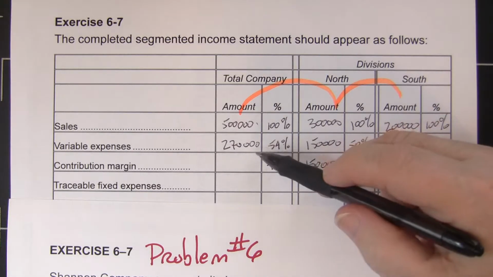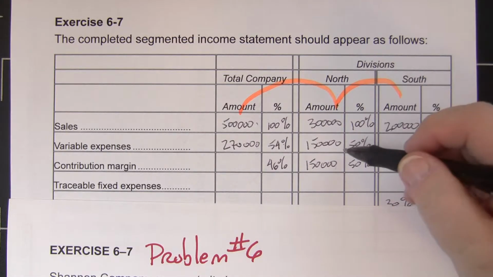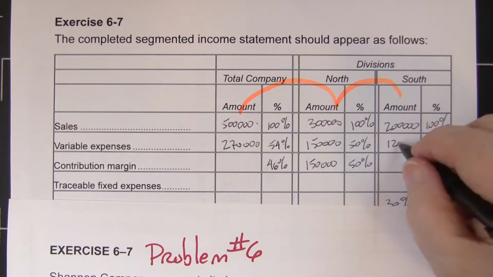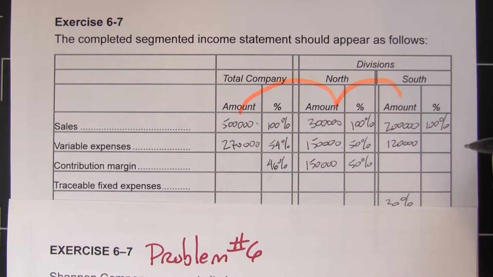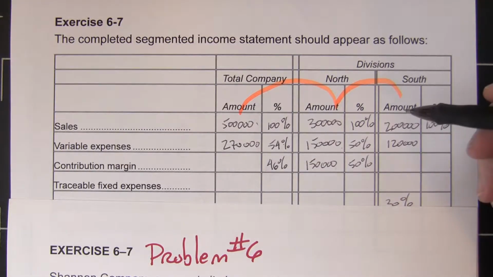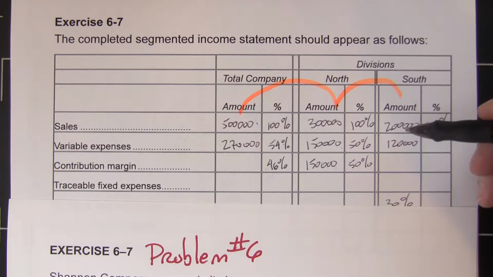Well, if total is 270 and 150 is north, 120 has to be south. They have to add to 270. So now we can figure out the contribution margin for the Southern Division.